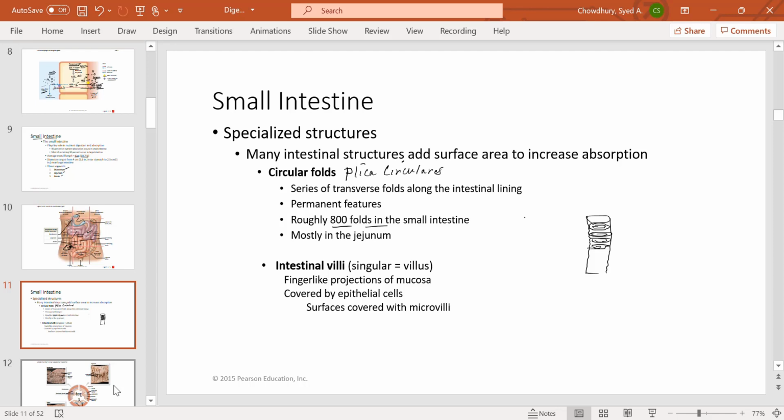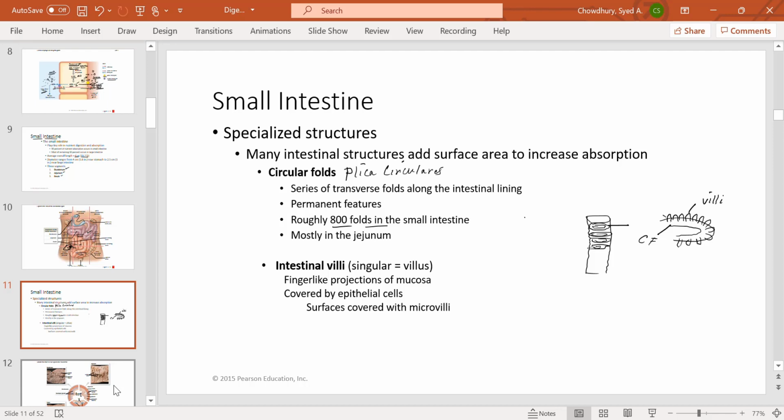Okay, and now if I just see one plica circularis, so this is the plica circularis, right? This is a fold, and on the surface I'll see many finger-like structures. These are called villi, intestinal villi, right? So like fingers. So this is plica circularis or circular fold, just one, and these are what? Intestinal villi.